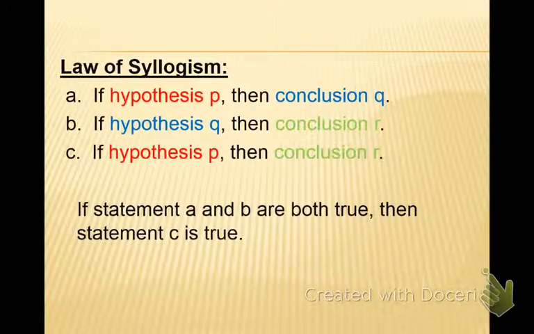Then there's something called the law of syllogism. In the law of syllogism, it becomes really helpful to start using symbols for your statements. So when you see the law of syllogism and it says P, Q, and R, those are just hypotheses and conclusions. And it could be anything.